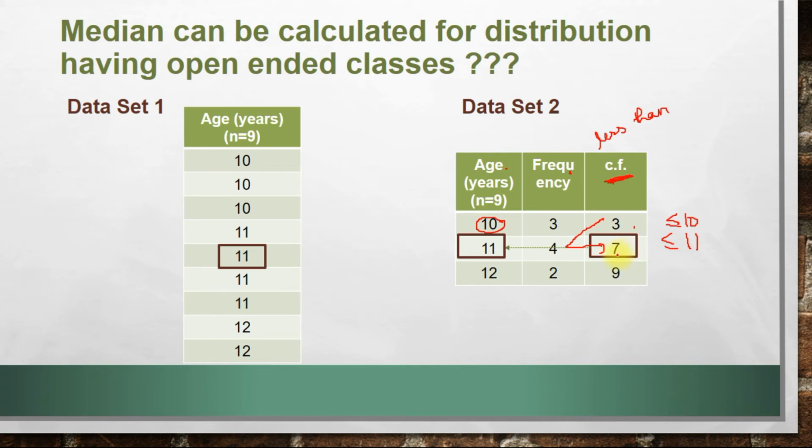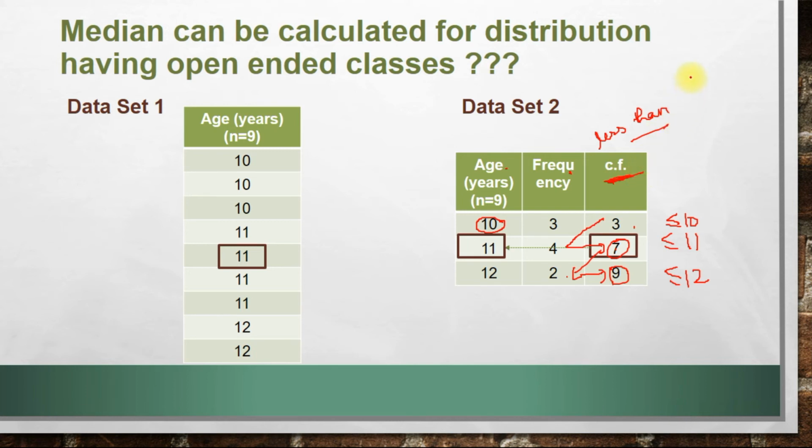And how many observations are less than or equal to 12? For that we have to add 2 to the last cumulative frequency. So we add 2 to 7 and we get 9. This is how we compute the less than cumulative frequency.